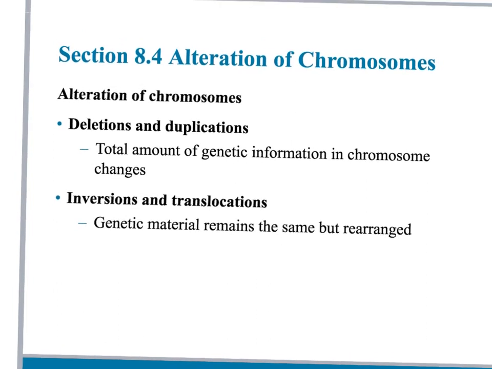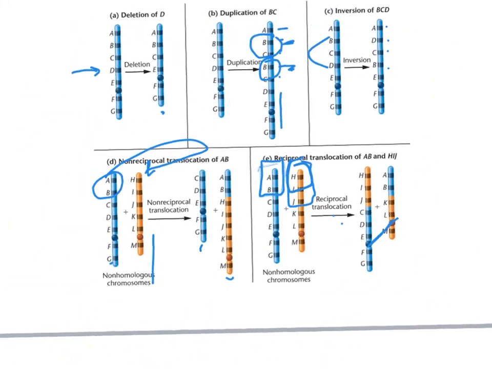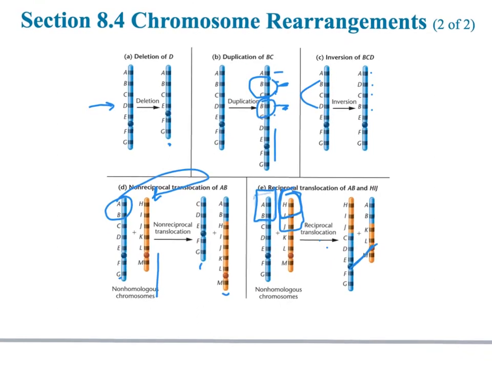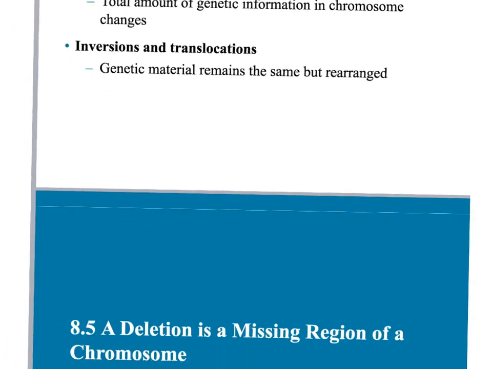And then with inversions and translocations, the genetic material remains the same, but it just gets rearranged. So that's the one back here where the inversion and duplication, the genetic material is the same, but it just gets changed around a bit.